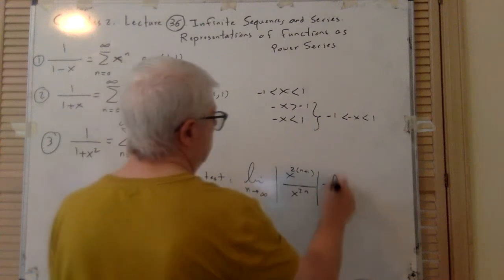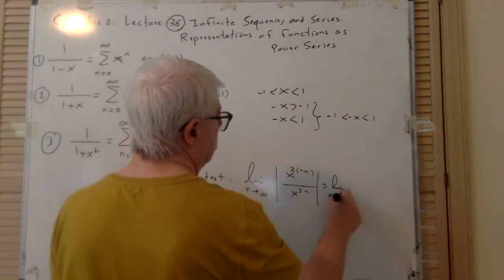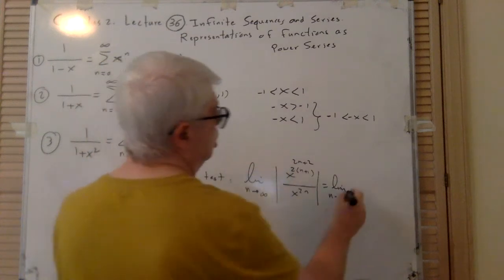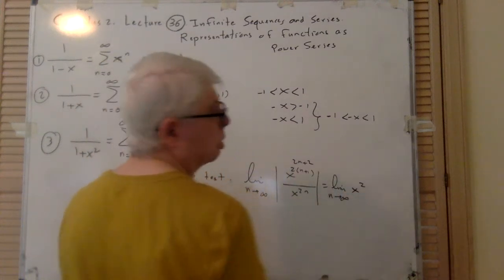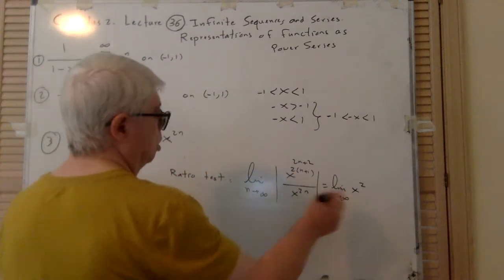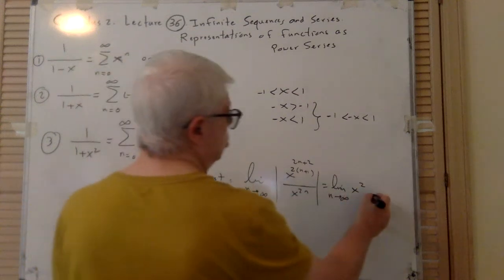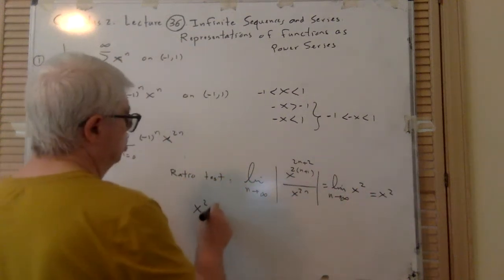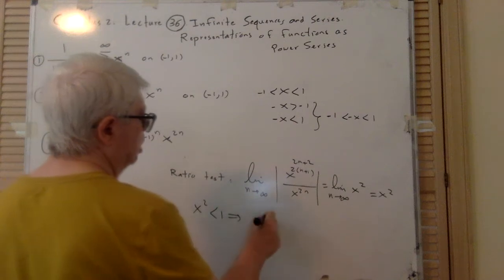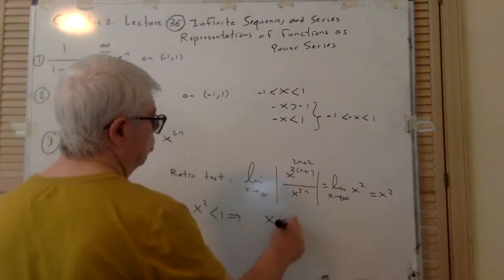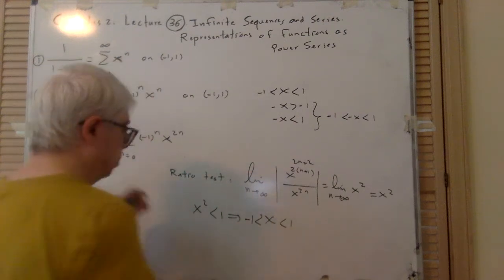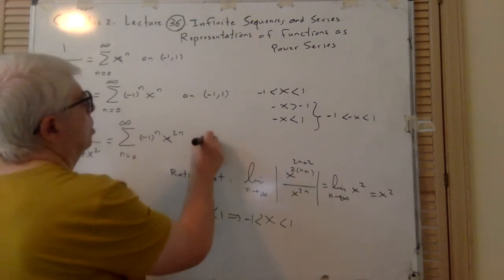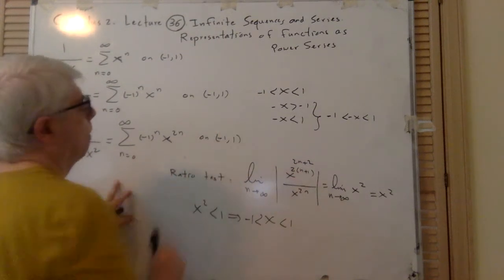This is 2n plus 2, that is 2n, so it is simply the limit of x squared, which is x squared. So x squared should be less than 1. This implies that x is between 1 and negative 1. So this is also on -1 and 1.